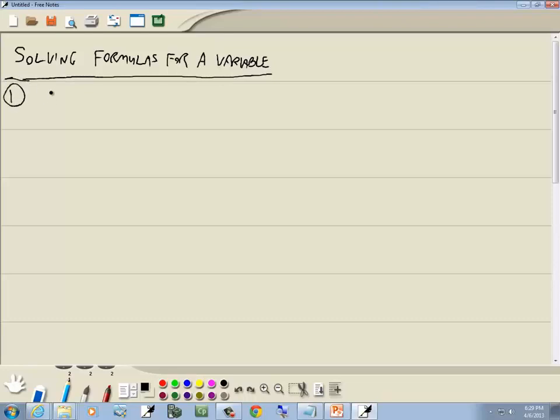Our first step is to get rid of parentheses. Our second step is to get rid of fractions.